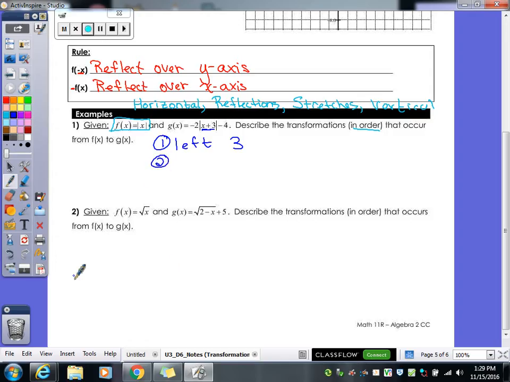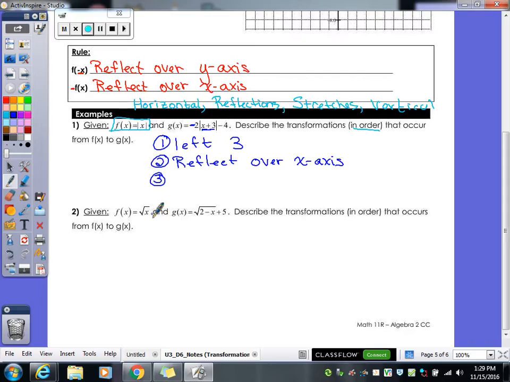2 is our reflections. Do I have a negative sign in there? Yes, I have a negative all the way out in front. So that means it reflects over the x-axis. When the negative is all the way out in front, that's over the x-axis. Do I have a stretch or a shrink? Am I multiplying times something out in front?